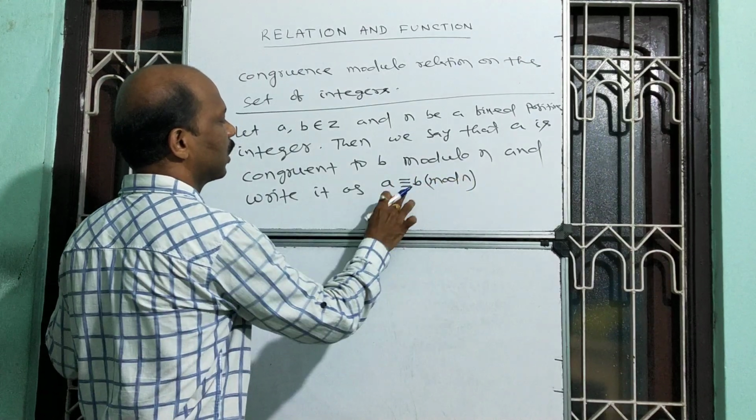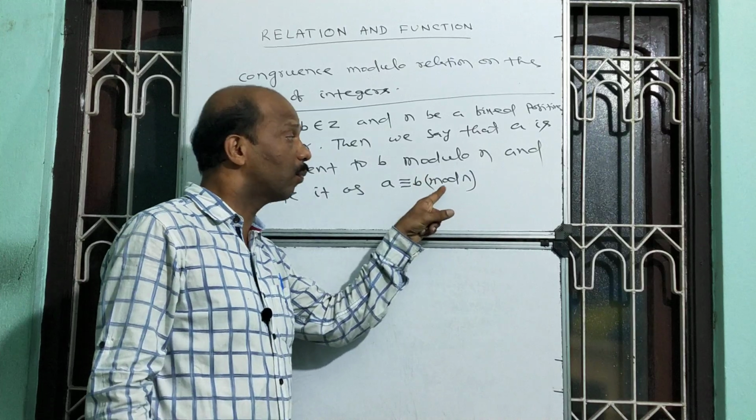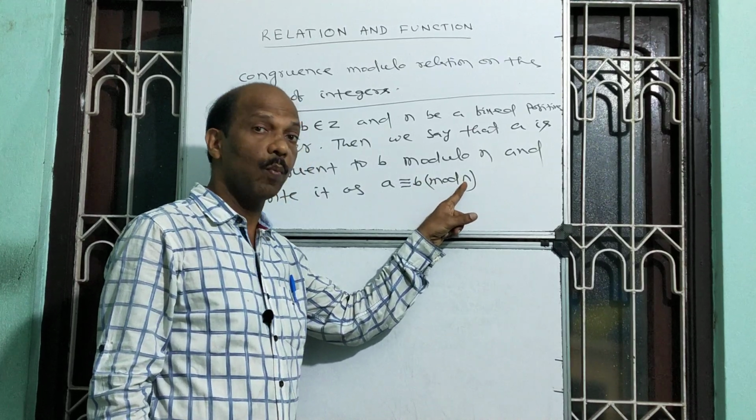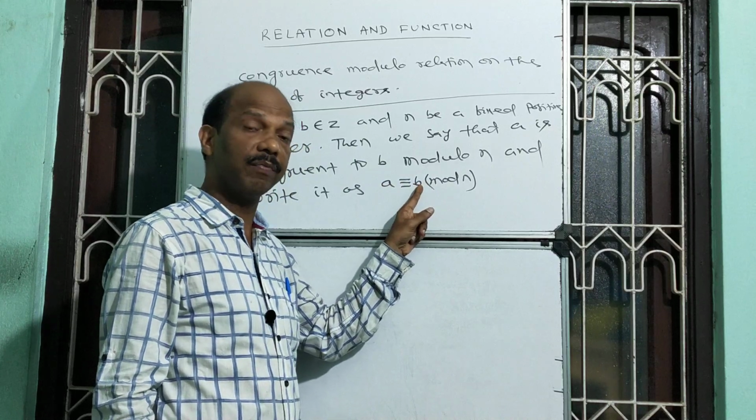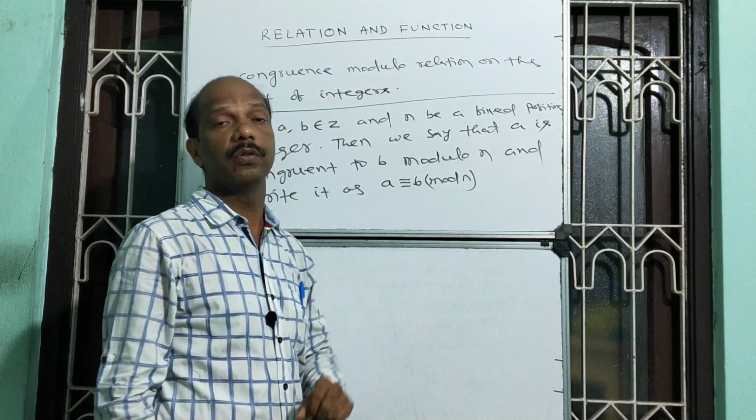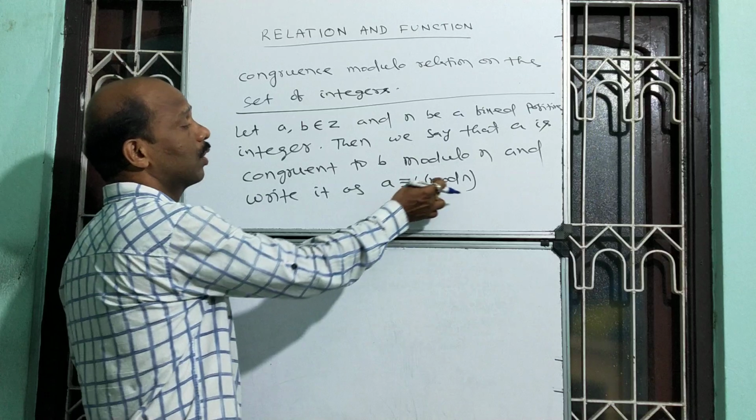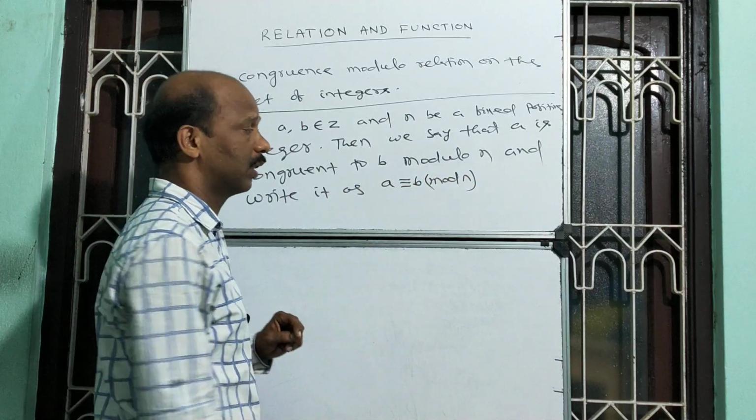That symbol stands for congruence and modulo. That modulo n, that n must be a positive integer. A, B may be positive, may be negative, may be 0. A, B any two integers, but modulo must be a positive integer.